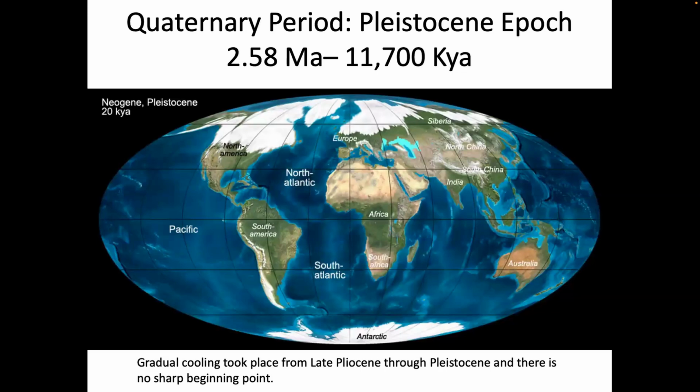Now, it is thought that Ice Ages within the last 2.5 million years are triggered by orbital irregularities with Earth's orbit. And I'm going to talk about that in a minute.